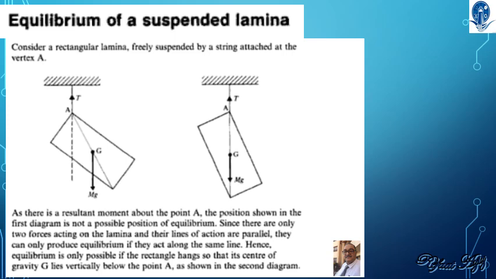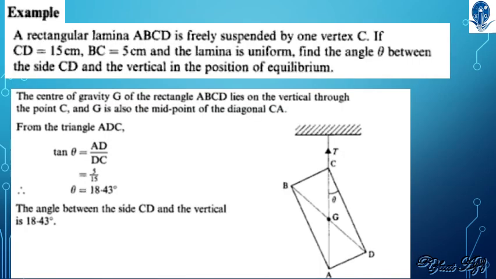There, the point of toppling is under the center of gravity, but here the point of hanging is above the center of gravity. We will show in an example how to find the measure of the angle of toppling.